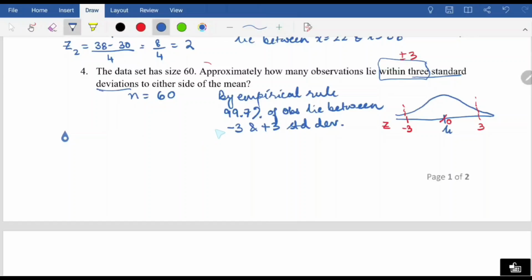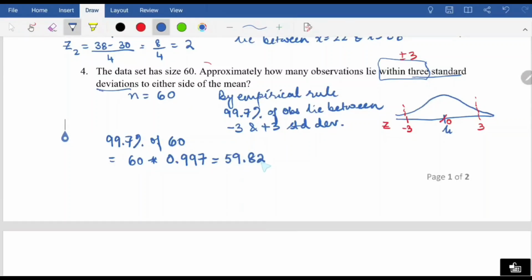Okay, so out of 60, the number of observations that would lie between this interval would be 99.7% of 60. That's the calculation we have to do. How do we do that? 99.7% of 60 is 60 multiplied by 99.7 divided by 100, written as 0.997, which will give us a value of 59.82.